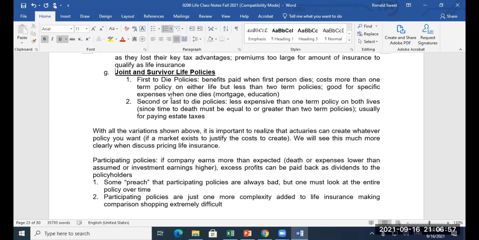The second to die policy is probably if you're worried about estate taxes of some kind. The first one dies and we're okay because we have this great pension. Either one can survive without the other. But once the second one dies, we have this massive estate, and we want to pay the estate taxes. If you set it up correctly, the life insurance can be a really tax efficient way to do that.